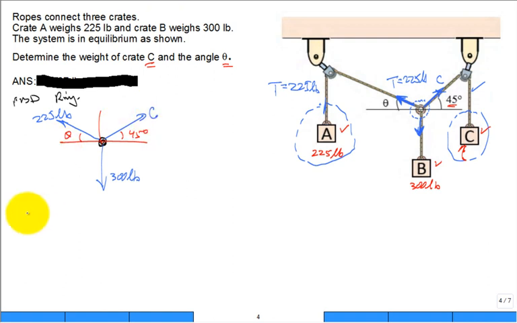Okay, so we do the sum of the forces in the X for equilibrium. We have 225 pounds pulling in the negative X direction times the cosine of our unknown angle theta equal to C pulling in the positive X direction times the cosine of 45 degrees.